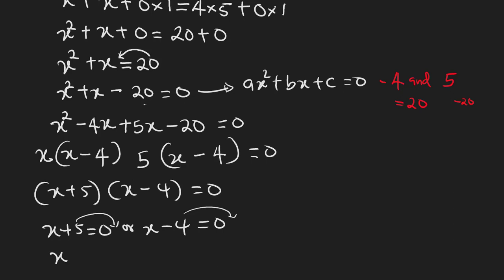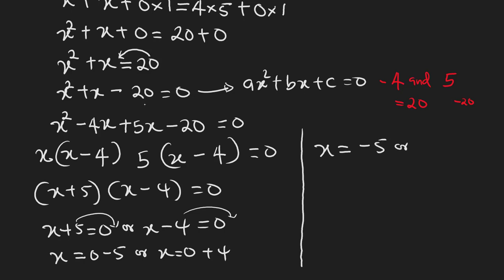So we're going to have x equals 0 minus 5, or x equals 0 plus 4. Am I right? So x equals 0 minus 5 is minus 5, or x equals 0 plus 4 is 4. Therefore x equals minus 5 or 4.